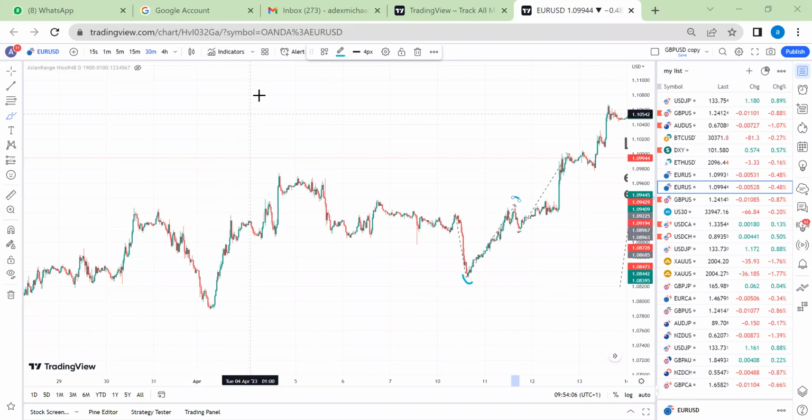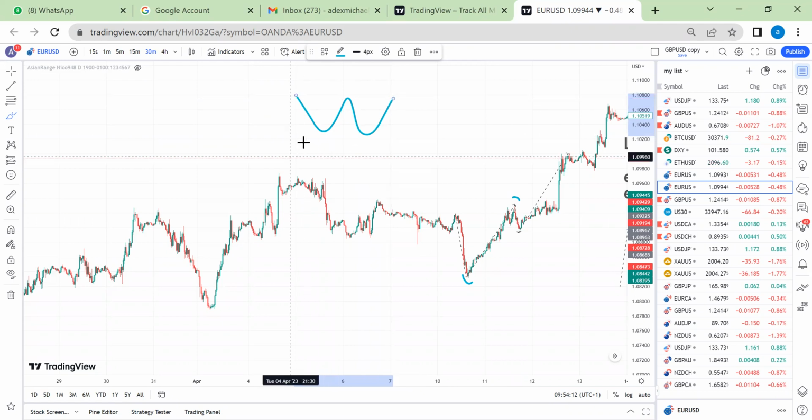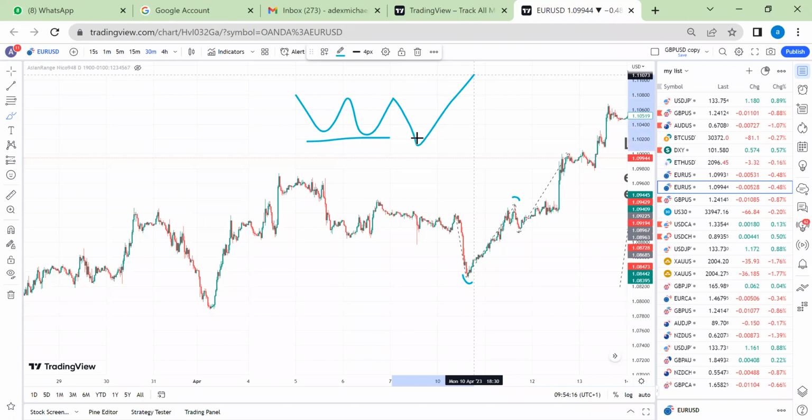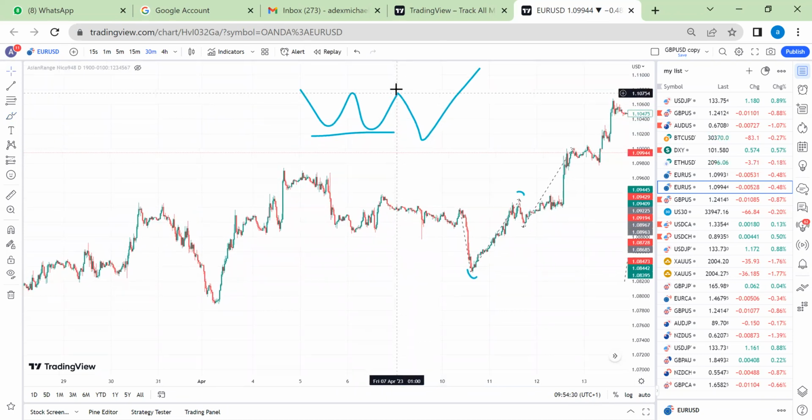Once you see a form of W sign, if you see price just make a form of W, you can just trade the inner push up. That's not the only thing you use, right? You still have to have other confluences, break of structure, imbalances, and all. But if the neckline is broken like this, then it's stronger. I hope that's clear.